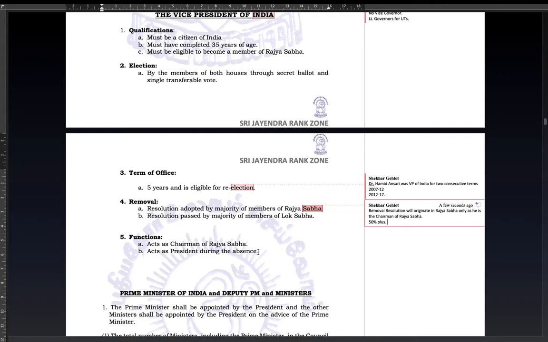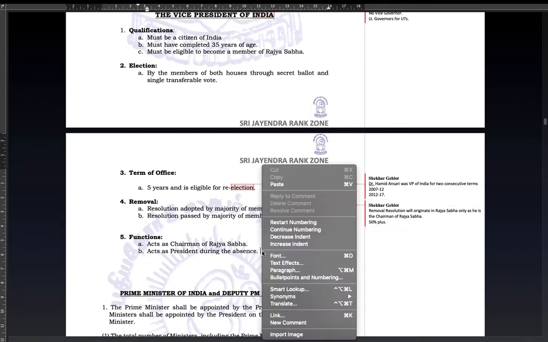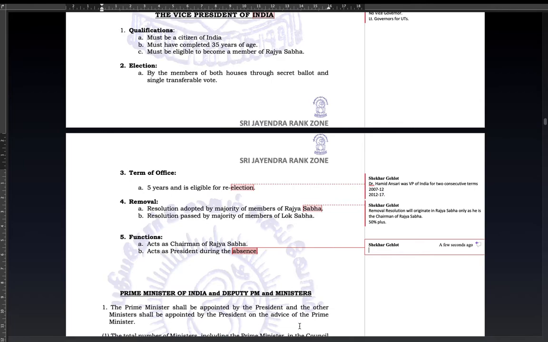When the President of India is not available, he will act as the President of India, like V.V. Giri once functioned as acting president of India, because he was the vice president and then the president had expired.